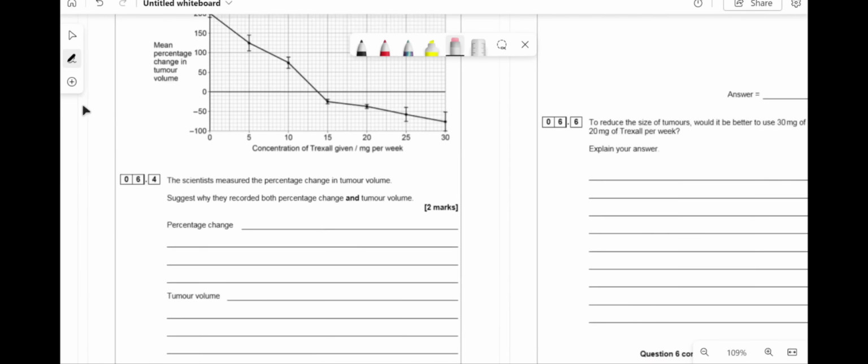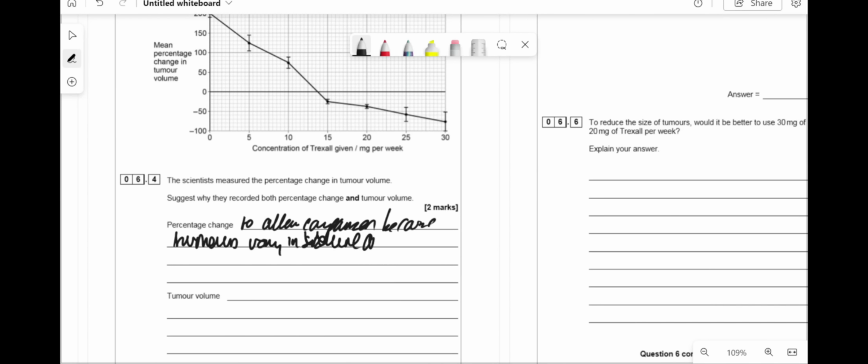Now it says the scientists measured the percentage change in tumor volume, suggest why they recorded the percentage change in the tumor volume. Well, it's because tumors have different sizes and shapes. So it allows comparison. You need to say why. Because tumors vary in volume and shape. What they're doing is measuring the tumors at the start, and people are going to have differing levels of tumor.